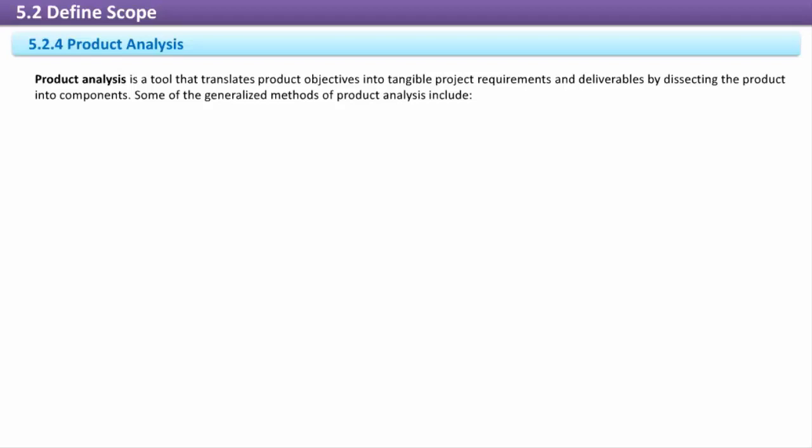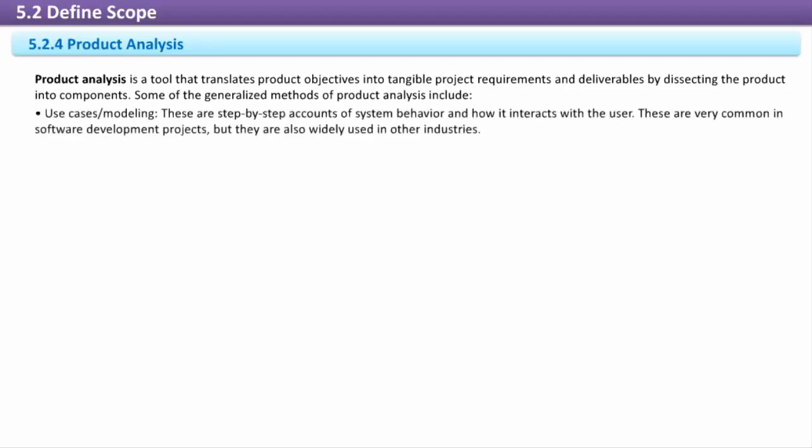Product analysis is a tool that translates product objectives into tangible project requirements and deliverables by dissecting the product into components. Some of the generalized methods of product analysis include use cases modeling. These are step-by-step accounts of system behavior and how it interacts with a user.